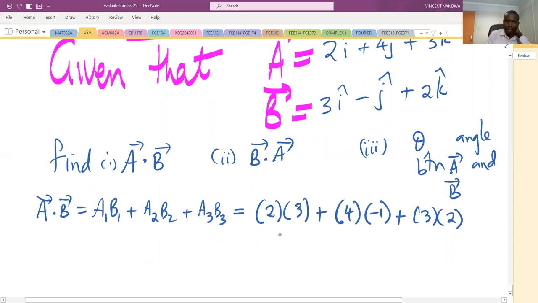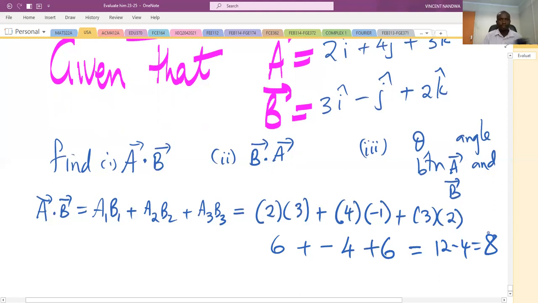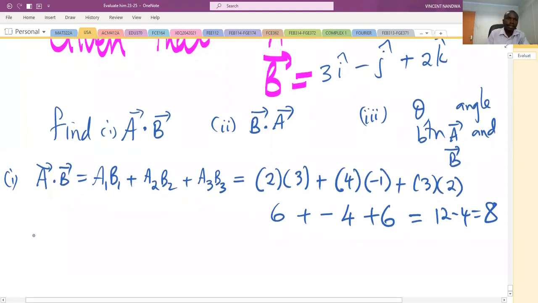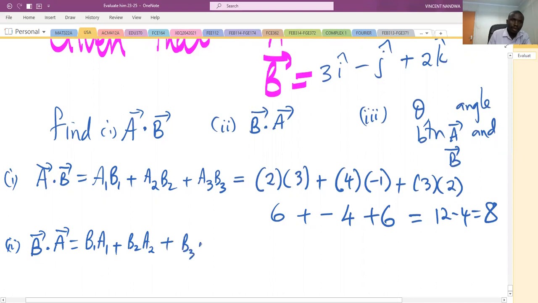So this will give us 6 plus -4 plus 6, which would be 12 minus 4, which is 8. So that's the first part. Second part, B dot A is B1 A1 plus B2 A2 plus B3 A3.